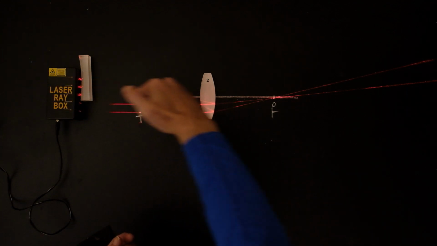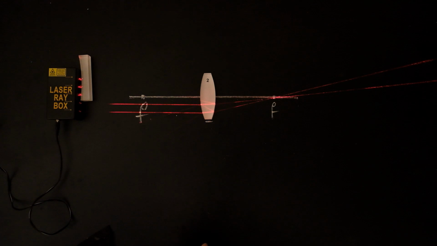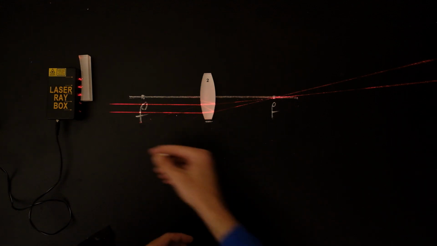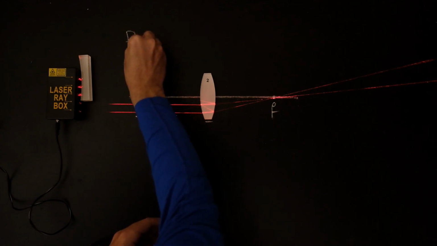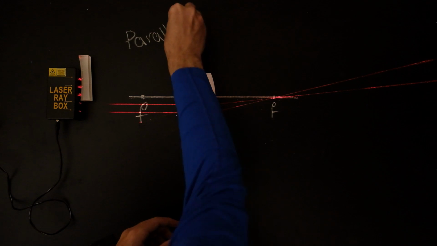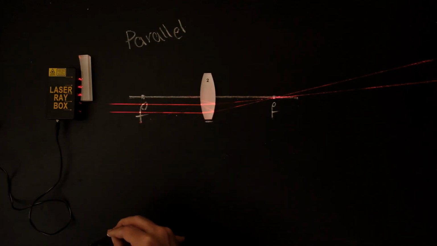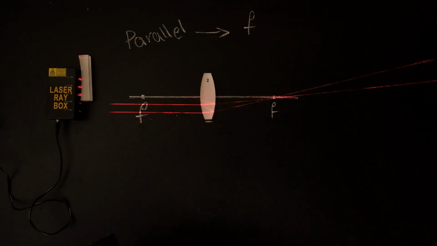If they are parallel to the main axis, they will go through F. This is our first light ray. So I can keep this note that if I have parallel on this side, it will go to F.